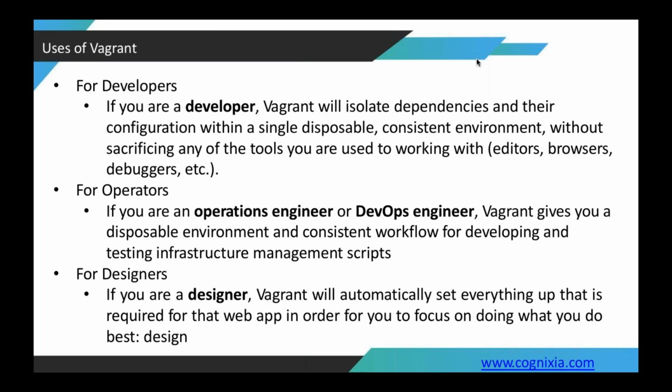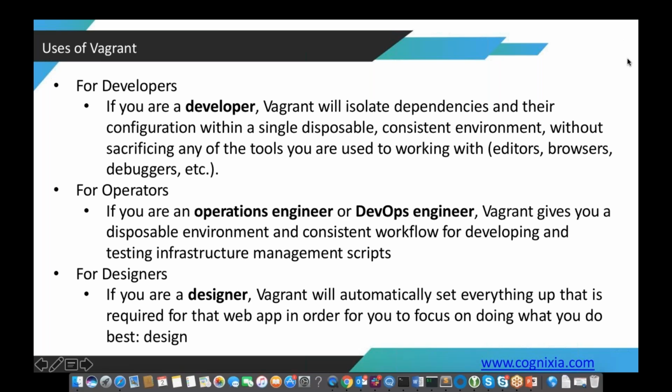That's for the developers. If we talk about DevOps engineers or operations engineers, then Vagrant allows them to create a disposable testing environment on the fly. If you have written automation using configuration management tools like Ansible, Salt, Chef, Puppet, or you are running some containers, trying to build a Kubernetes cluster, or doing some monitoring work, then you can first test those configurations and setups in virtual machines created through Vagrant.